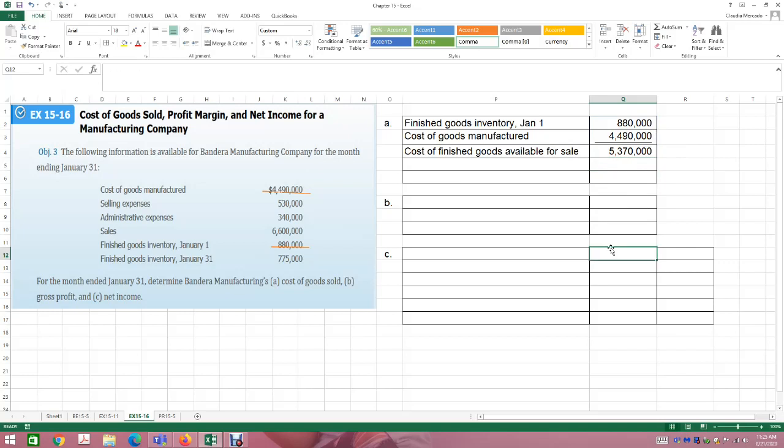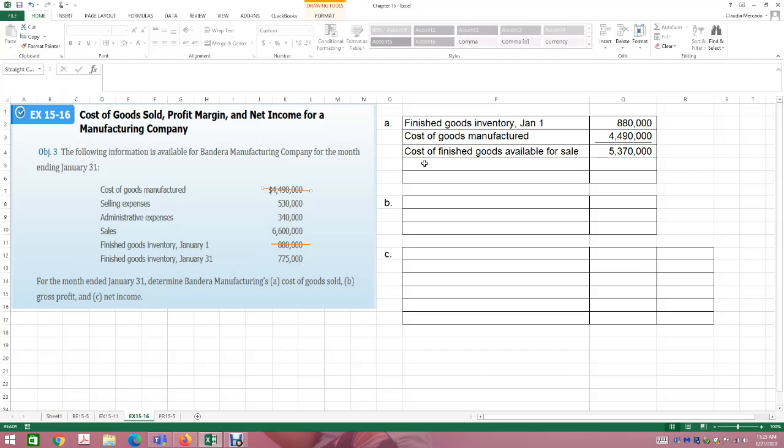Now, this is what we had sitting in our warehouse, completed product available to be sold. Now, did we sell everything? Well, if we look at the problem, it says that at the end of January, we had finished goods in our warehouse of $775,000. So that represents the amount of goods that we did not sell.